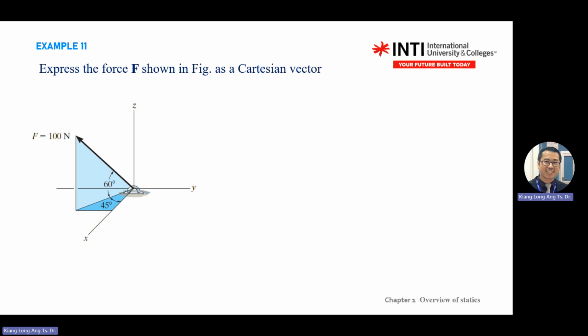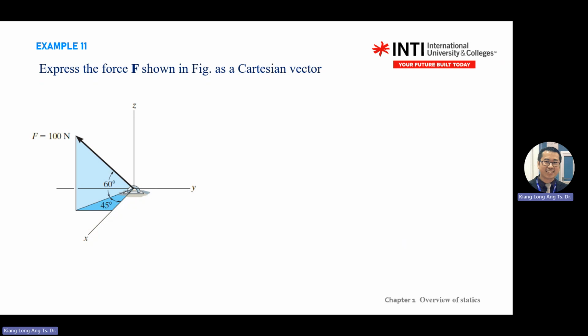So which one is negative? I, J, or K? Based on the splitting of components. I is positive, because the arrow is pointing this way.